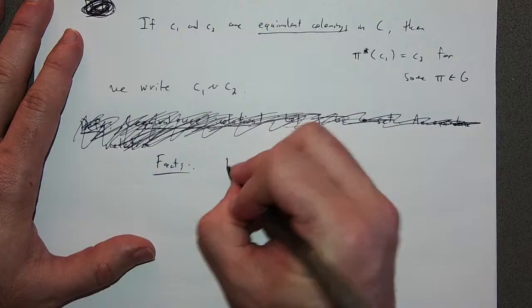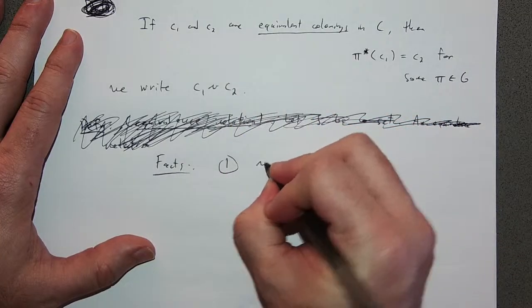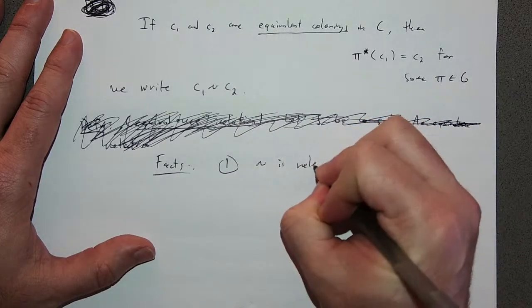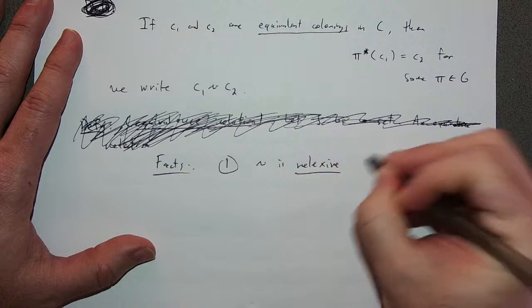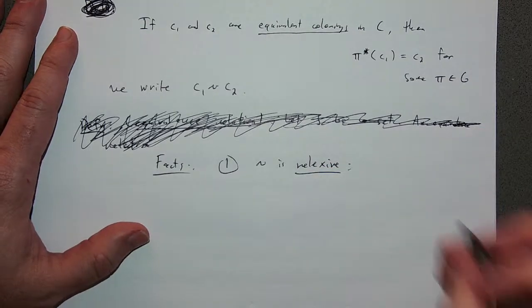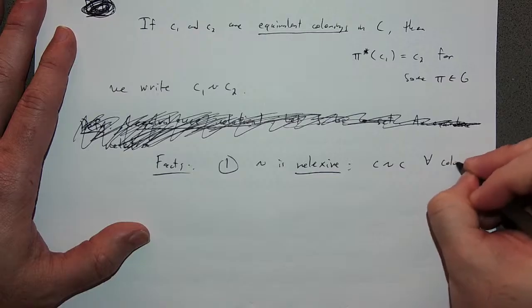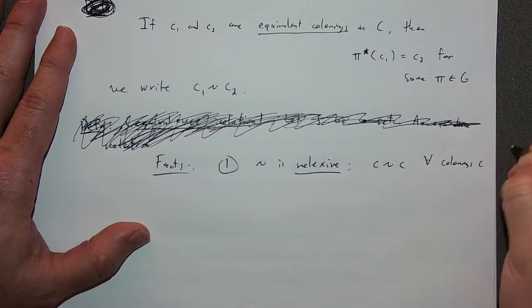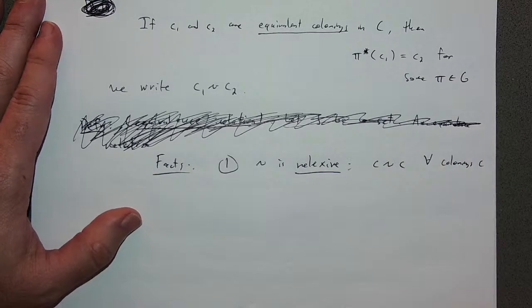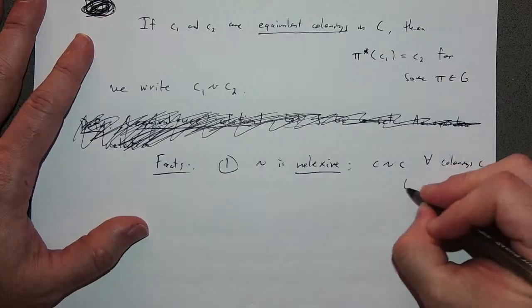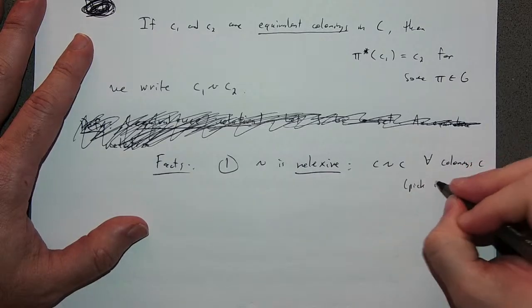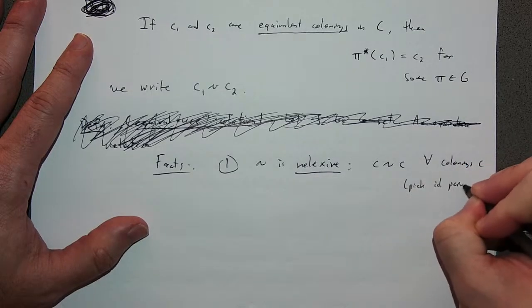So some facts. 1, this is reflexive. What does reflexive mean? It means every coloring is equivalent to itself. How? Pick the identity permutation.